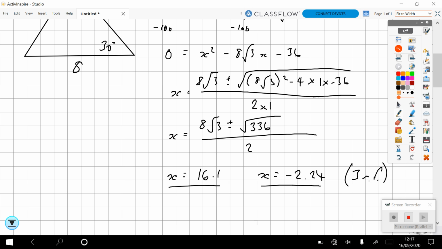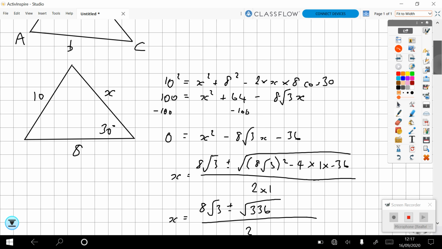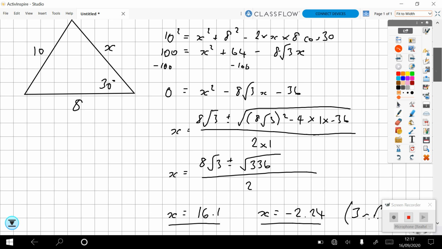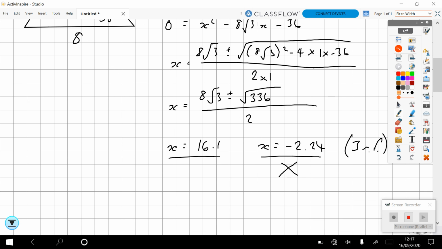Now, that's all well and good, but you now need to go back to the context of the question and remind yourself what x was. x was a length, so you can't have a negative length. You show it in your working, you make sure that the negative 2.24 can be seen, but you also highlight the fact that you can't use it. The only suitable answer here is that x equals 16.1.